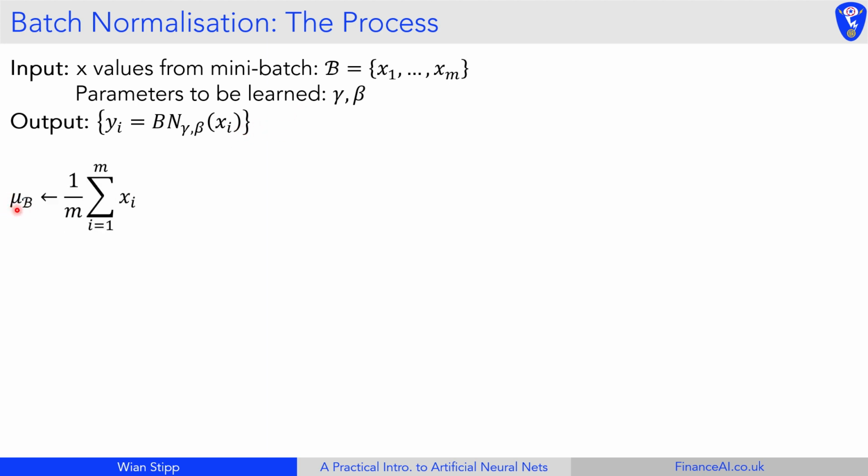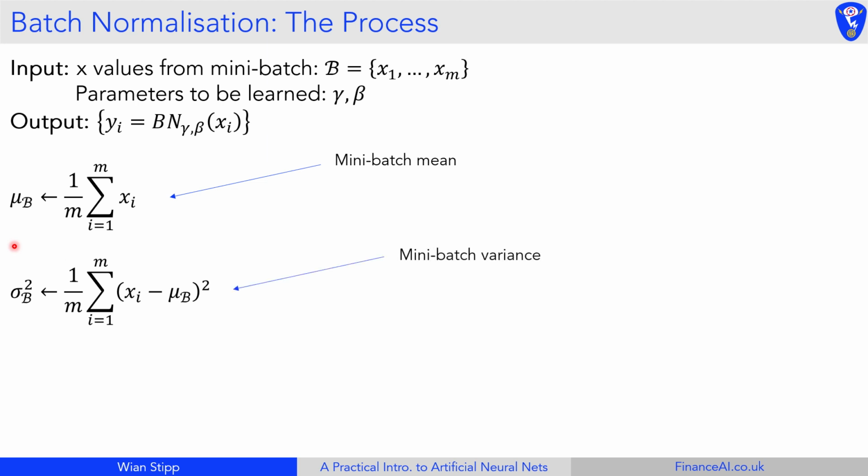So we set mu B to be just the sample average of the mini batch. Then we also specify the variance, the sample variance of the mini batch. And then we assign this value. This is just like a normalization or a standardization here.